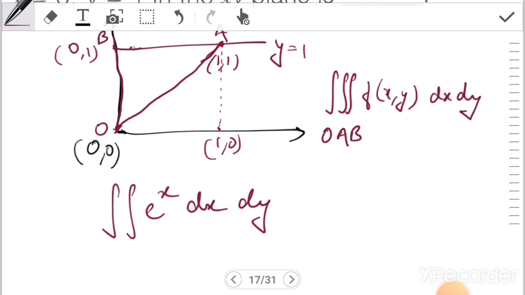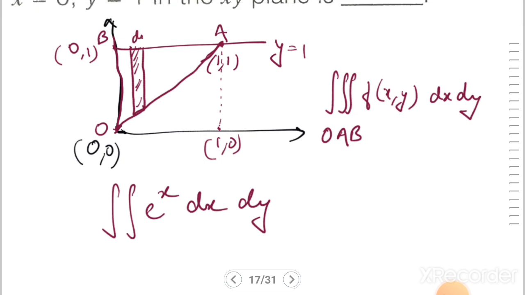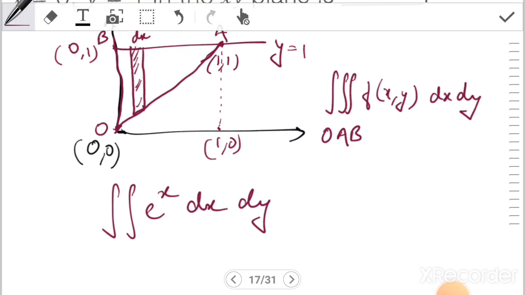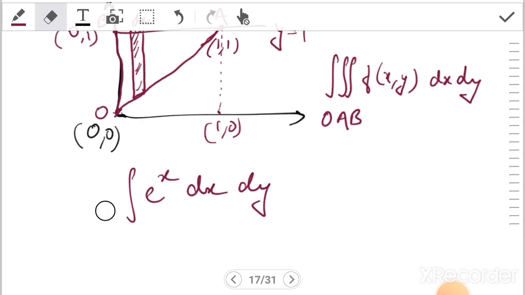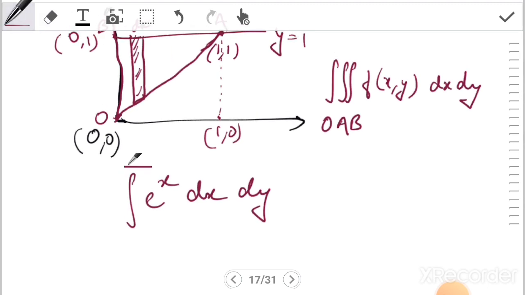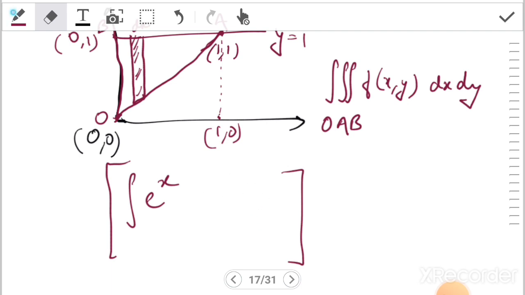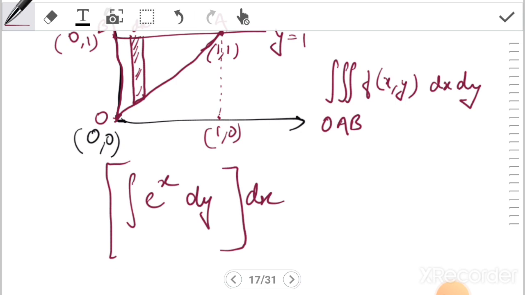So let's choose a vertical strip here, of width dx. Okay, so this will become dy dx, where y varies.